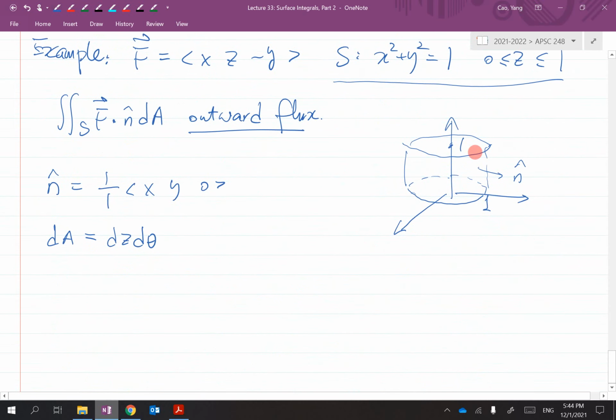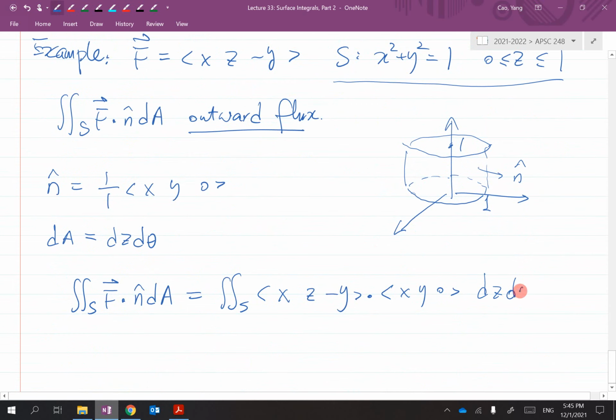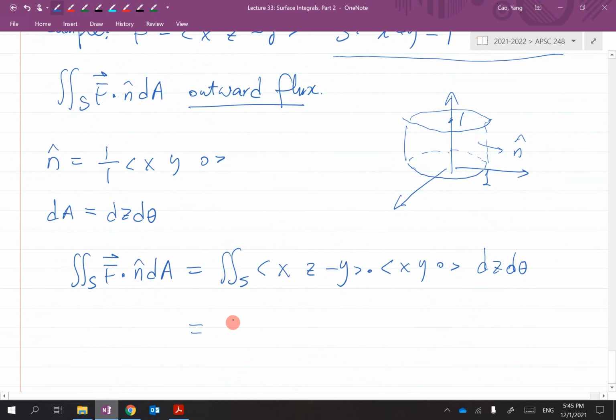Then we're ready to plug in everything for the surface integral, the flux calculation. Vector field is x, z, negative y, dot n hat x, y, 0, dA is dz d theta. The dot product gives us x squared minus yz plus yz, and then dz d theta.